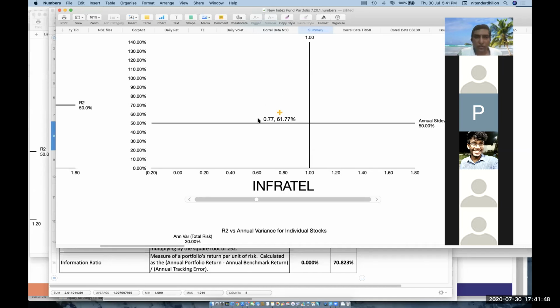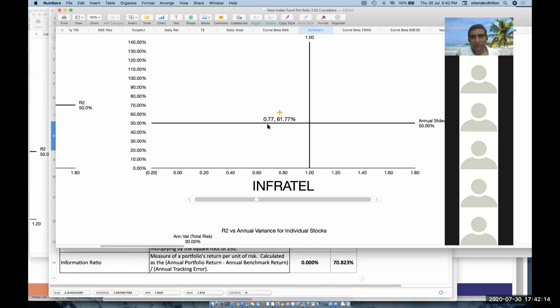Okay, so the total risk of the stock is high, but the systematic risk is low, which means the unsystematic risk is, total risk is 62%. Beta is a measure of your systematic risk, which happens to be low. Therefore, the unsystematic risk is on the higher side.